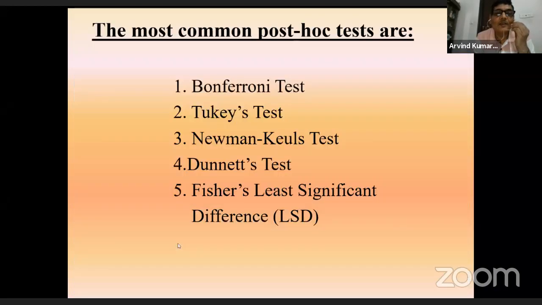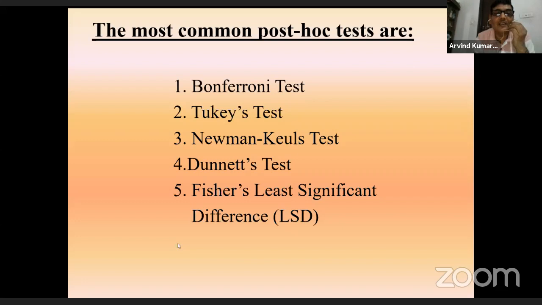Then I'm showing that in the computer programs, there are certain commonly used post-hoc tests. I have just showed you the manual method of calculating this post-hoc analysis. But in the computer programs, there are certain tools like Bonferroni test, or Tukey's test, or Newman-Keuls test, or Dunnett's test, or Fisher's least significant difference test.